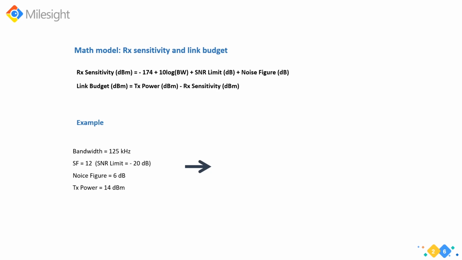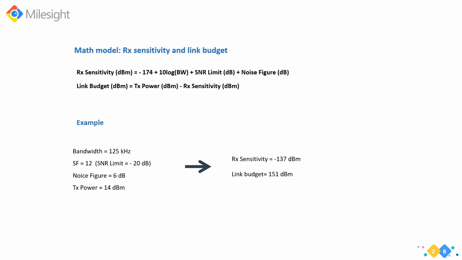Okay, noise figure is the characteristic of the end device, so it is a typical figure. And then the transmit power uses 14 dBm. So can you figure out what's the receiver sensitivity and what's the link budget according to the above 2 formulas?